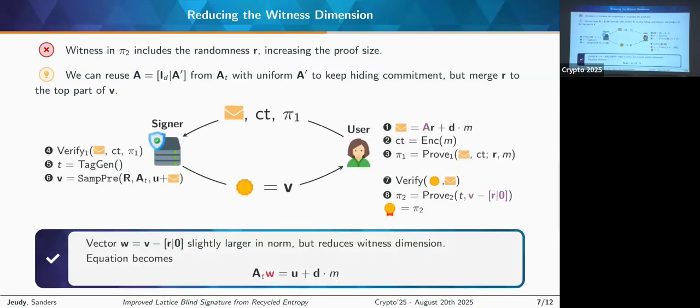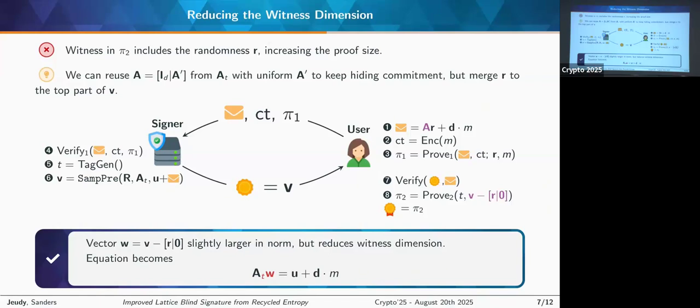So how does it work? Well, we simply reuse A in the commitment phase instead of an uncorrelated matrix C. And in the end, we can compute W, which is V minus R0, and prove knowledge of W instead of V and R separately. This slightly transforms the equation, and although W is a bit larger than V, R can actually be super small.